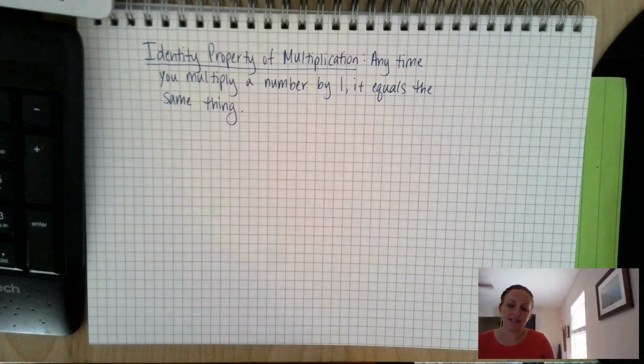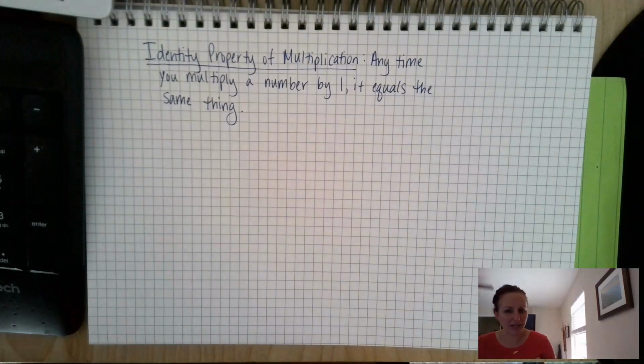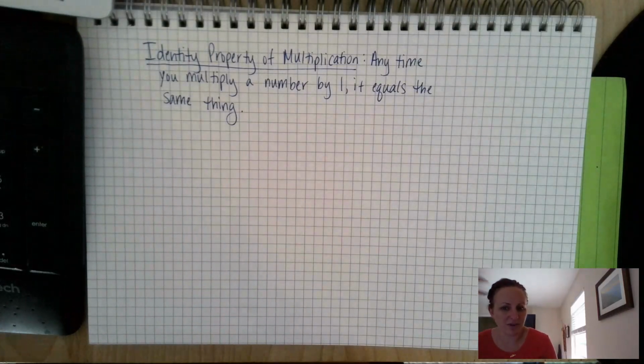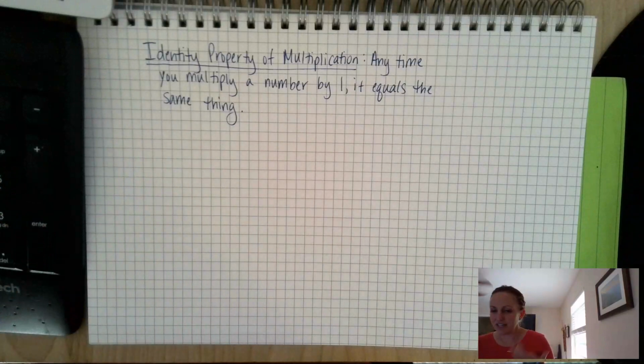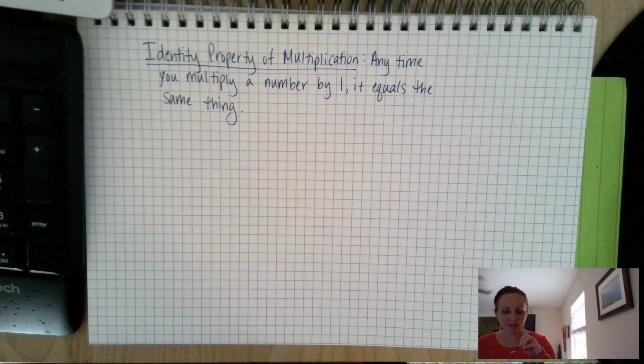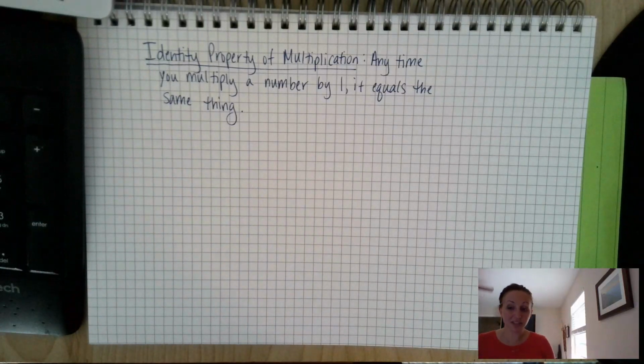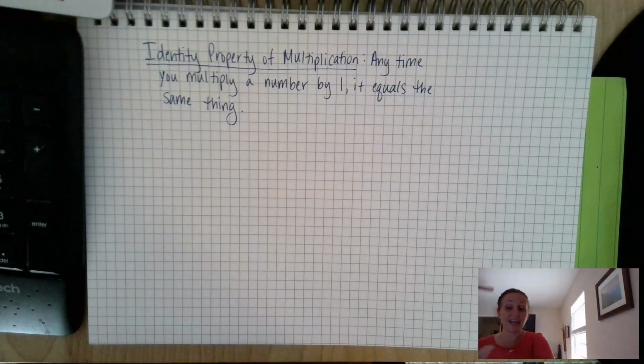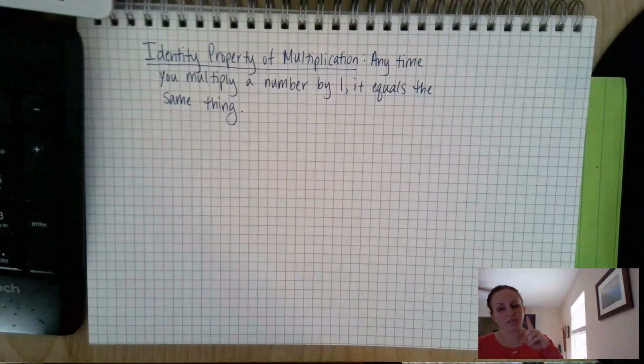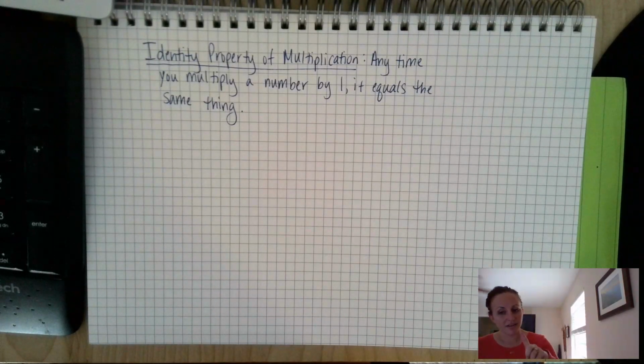Identity is like who you are, right? That's your identity. So the identity property of multiplication helps to represent who that number is. Anytime I multiply a number by 1, that number stays who it is. It stays itself. That's a really cool trick with multiplication.